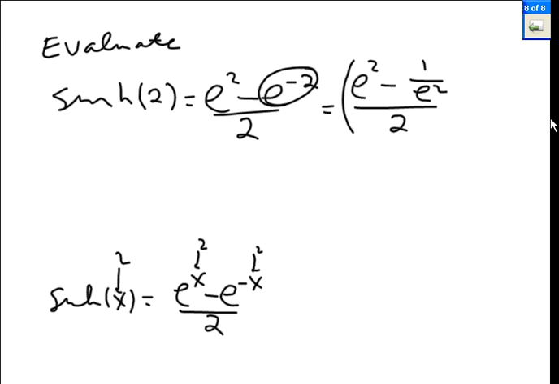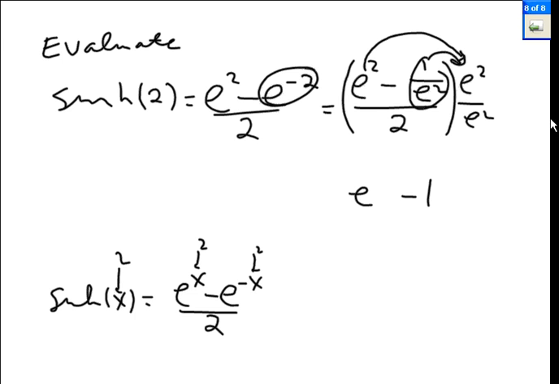And then I would multiply top and bottom by e squared. So when I multiply this by e squared, I'll just get negative 1. When I multiply e squared by e squared, I'll get e to the 4th. And the bottom, I have 2 times e squared. Okay. Now, the top is a difference of squares.